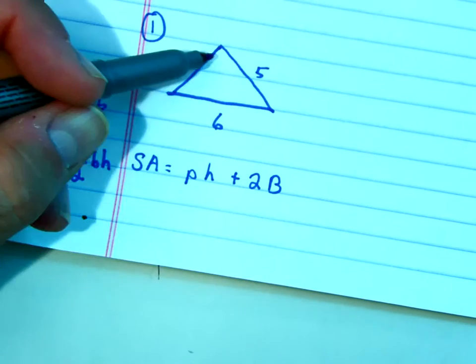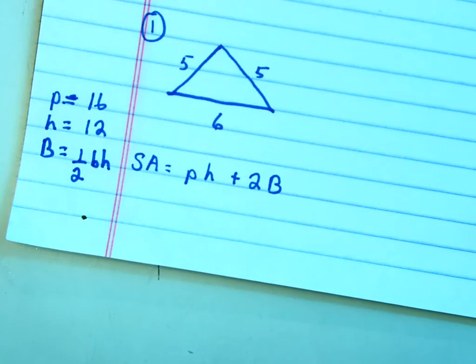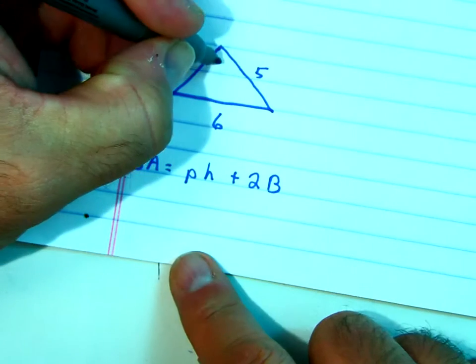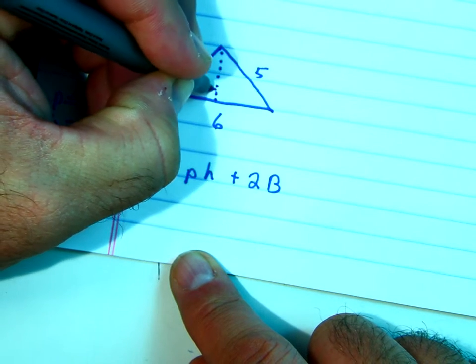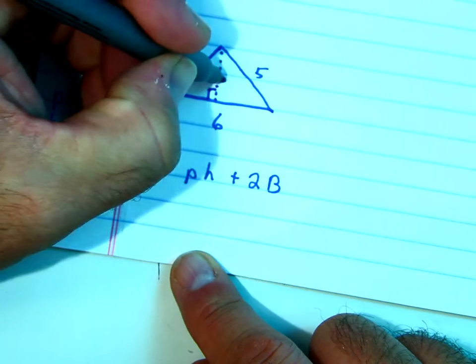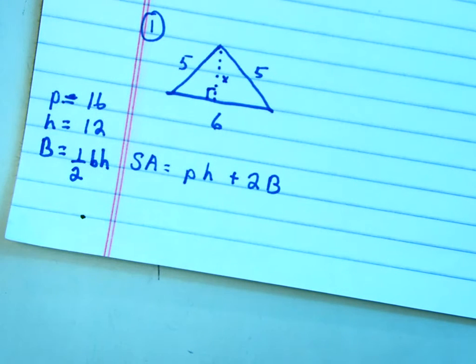So now what do I need to add to my picture? Most of you have already gone ahead and done it. I'm going to have to add a right angle mark. And I need this measurement. Okay.